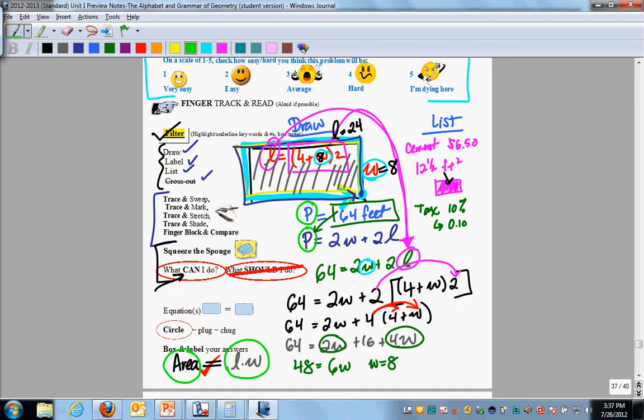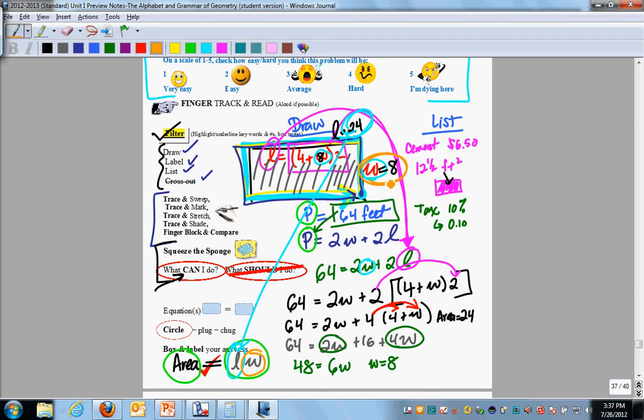So with that information, we can find the area of the backyard, which is going to be length. Notice I'm circling. That's part of the physical plug chug. 24, circle 24, draw an arrow. It's 24 times width, circle the W, come up and physically pick up that 8.